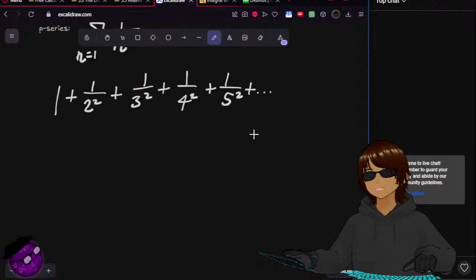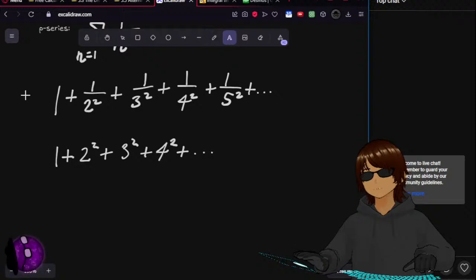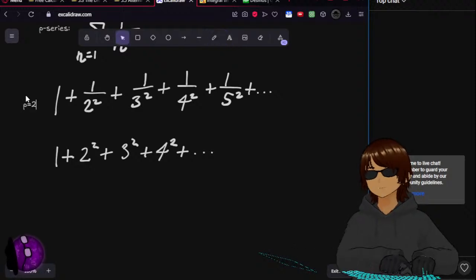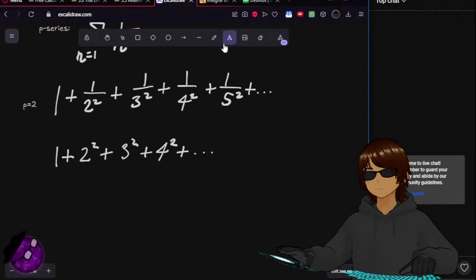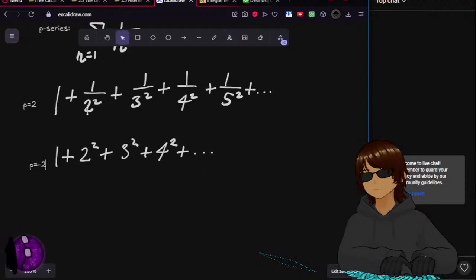Of course, P could be negative as well, in which case this is also a P series. If it's like negative 2 instead of 2, then the number would go into the numerator. P equals minus 2.